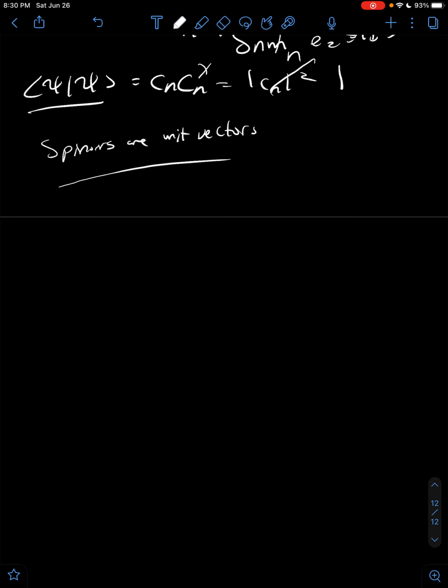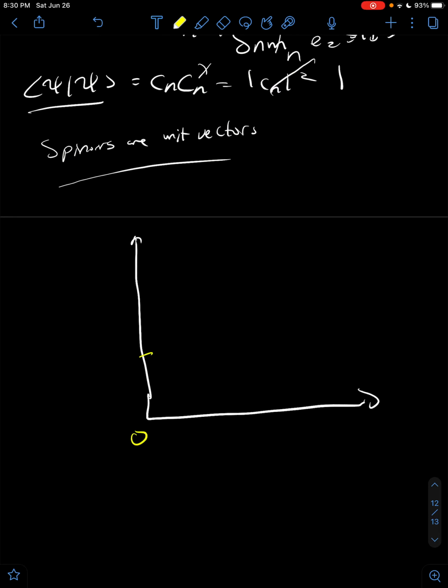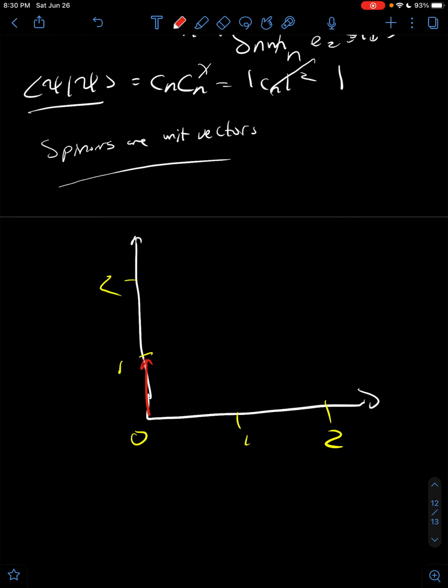So we can actually draw spinors in mathematical space. We just have some coordinate system over here. You have 0, you have 1, you have 2, 1, 2. And the spin up state will look like this. The spin down state will look like this.